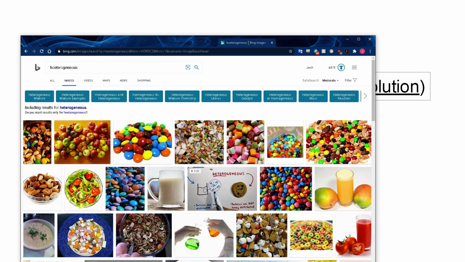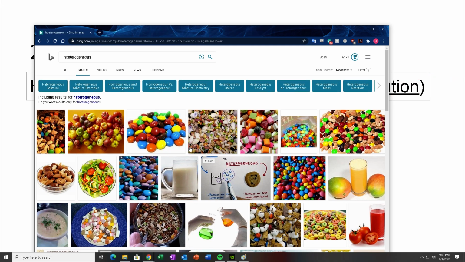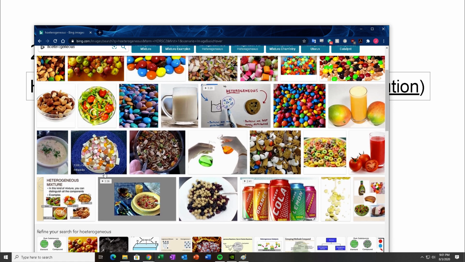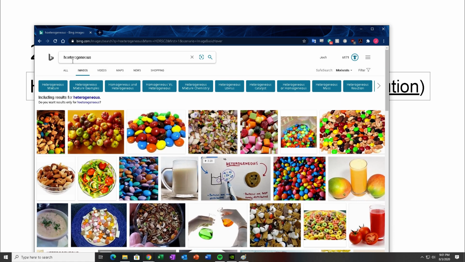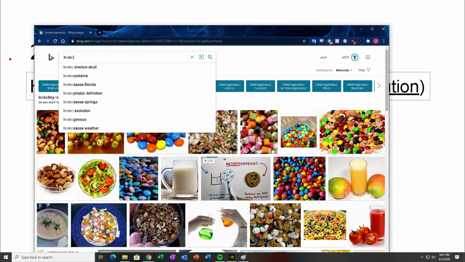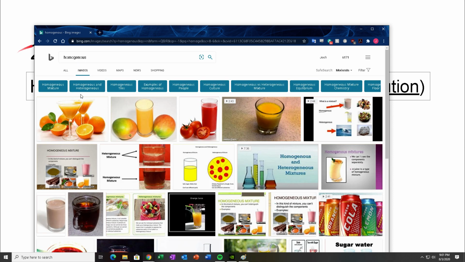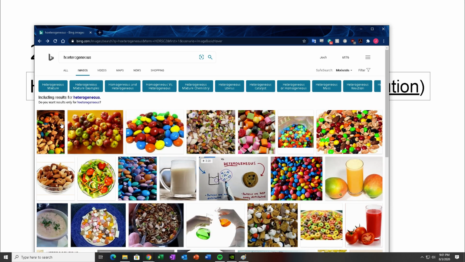However, for heterogeneous, these are the images that show up. And homogeneous. The differences that you're noticing right here is that in a heterogeneous mixture, you can tell the individual pieces apart.